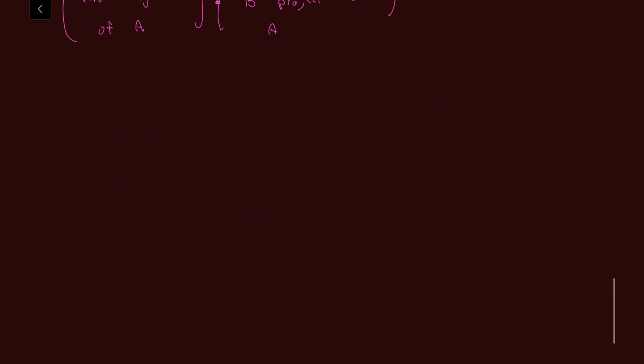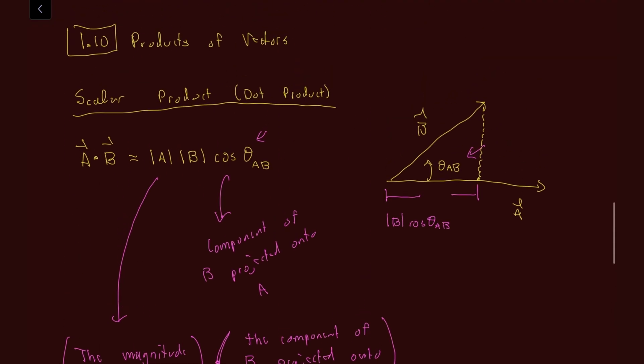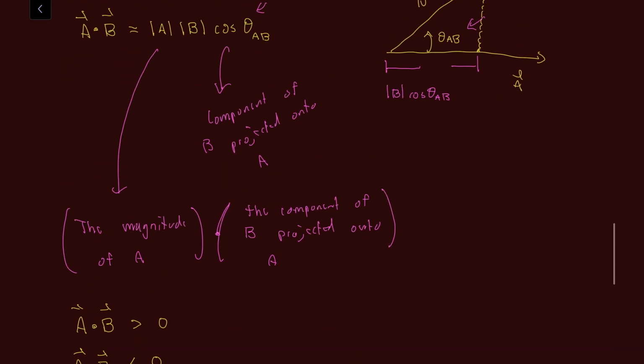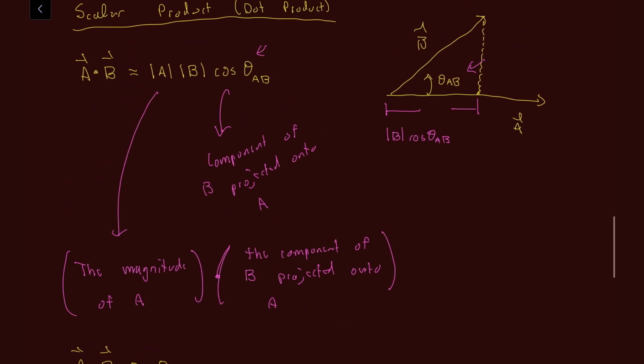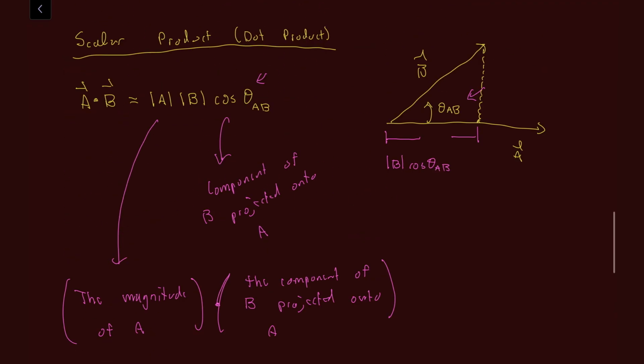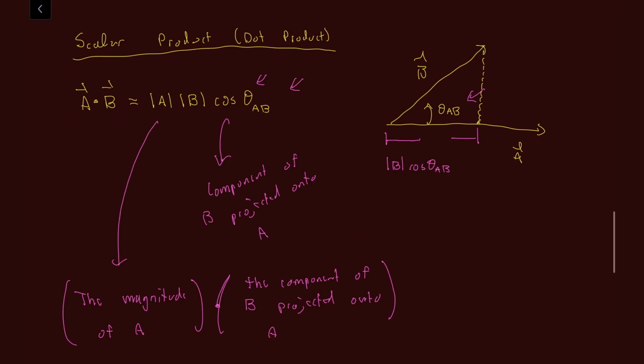Now let's go into 3 case scenarios with this scalar product. There's going to be a time in which the scalar product is less than 0, a time in which it is greater than 0, and a time in which it is equal to 0. Now, an important thing to note here is that the scalar product actually returns a number.